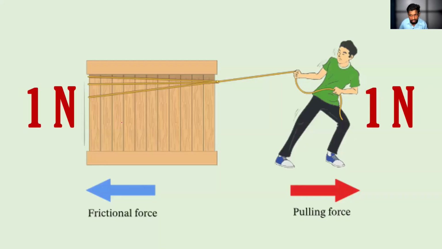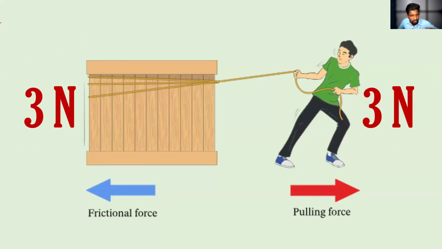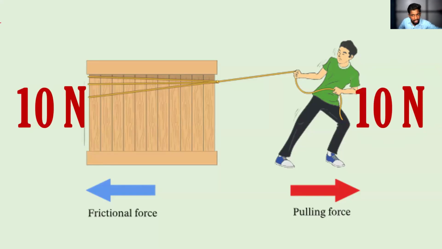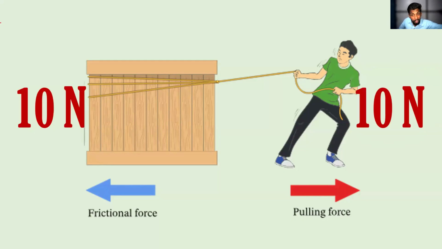When the force applied is 0, the frictional force also will be 0. When I am applying 1 Newton, the frictional force also will be 1. When I am applying 2 Newton, 2; 3 means 3, 4 means 4, up to 9 means 9. When I am applying 10 Newton, the frictional force will be 10. When I am applying 11 Newton, the frictional force will be 10. When I am applying 12 Newton, it will still be 10.